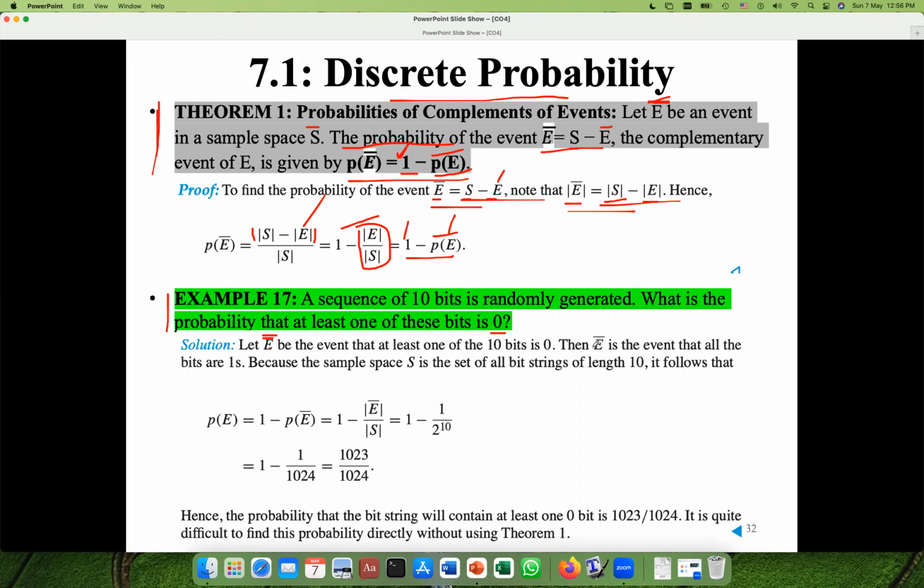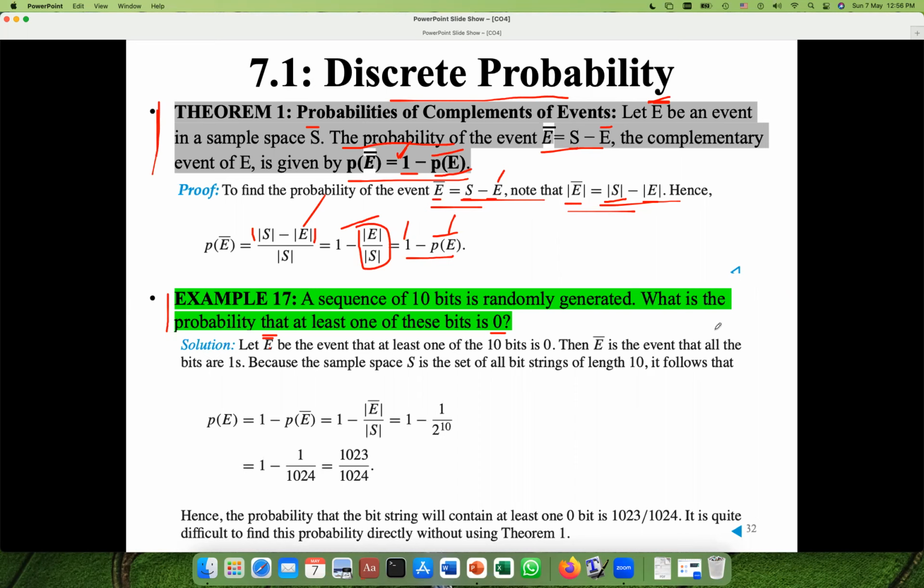What is the complement of that event? At least one bit is zero in 10 bits, that is the event. And when you don't have any zeros, that is the opposite. It means that all are ones.